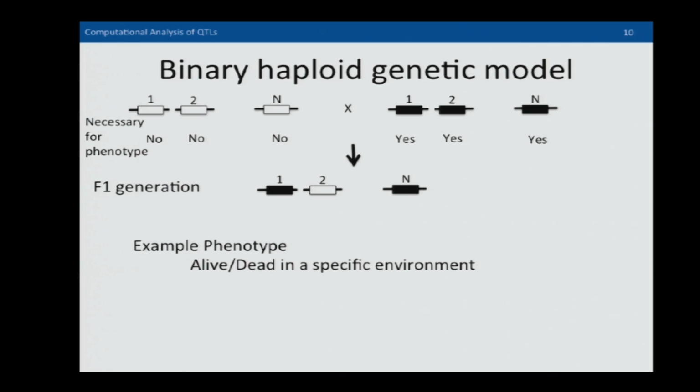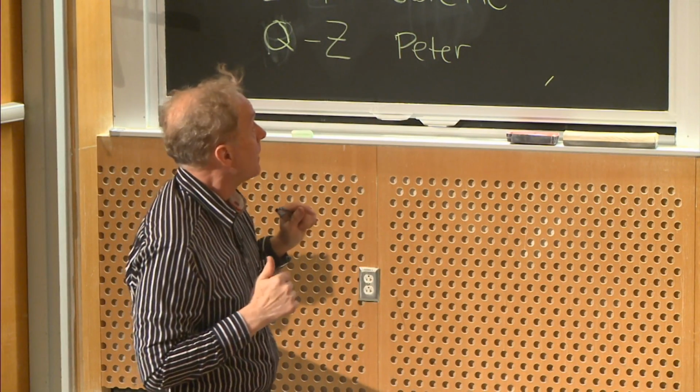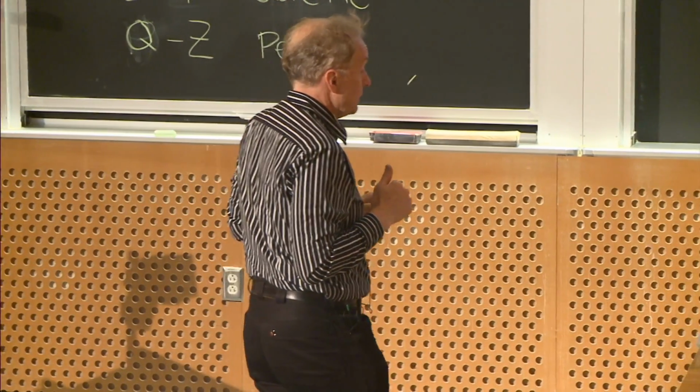The relative colors, white for mom, black for dad, are going to be used to describe the allelic variants that are inherited by the child, the F1 generation. As I said, a specific phenotype might be alive or dead in a specific environment.